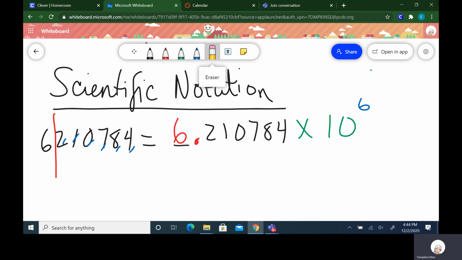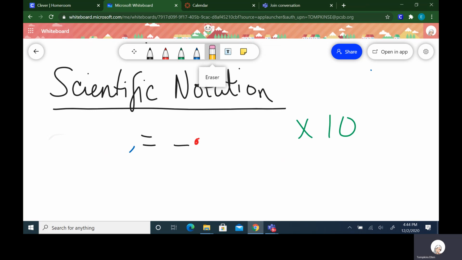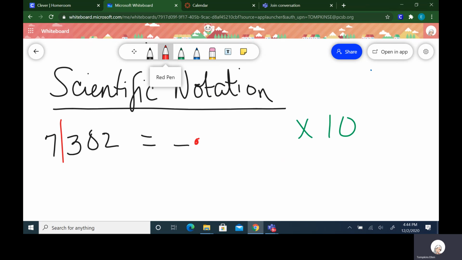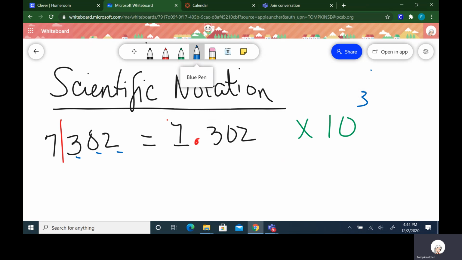All right. What if I have this one? We'll go ahead and erase all of these. If I have 7302. All right, we're going to cut it off. Put the 7 there. 302 here. Count off, 1, 2, 3. There you go. Now, let's change this up a little bit.